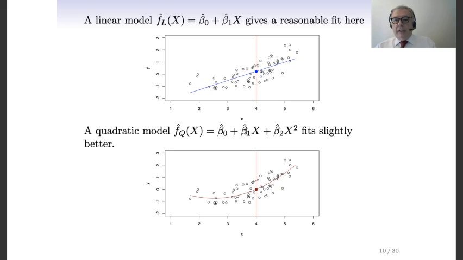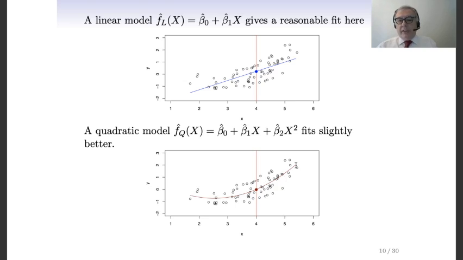So I could also go for a quadratic model that we call f hat q. And here is the model. As you can see, this model has 3 parameters, because we have the known term, the linear coefficient, and the coefficient for the quadratic term. And it seems that this fits the data slightly better, so this curve is a bit more convincing.